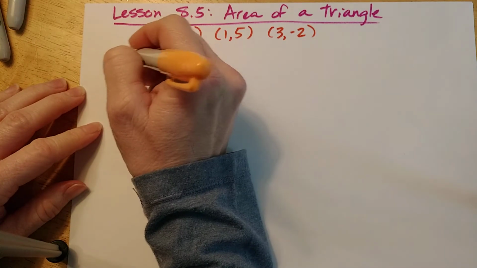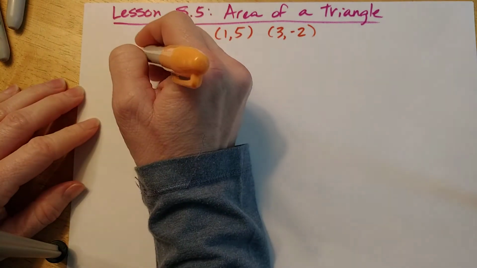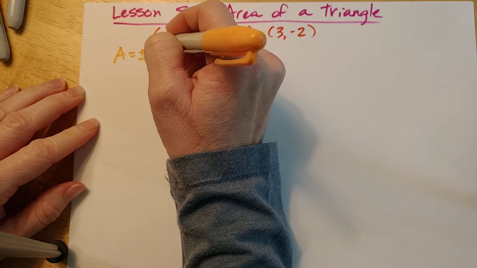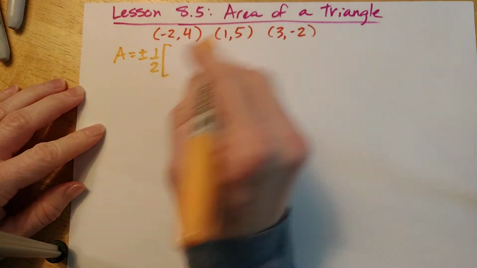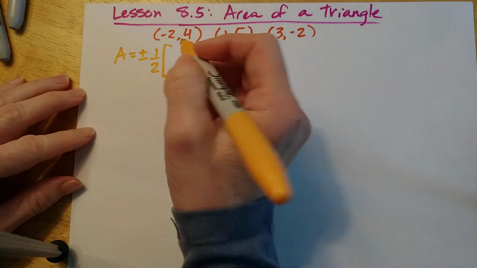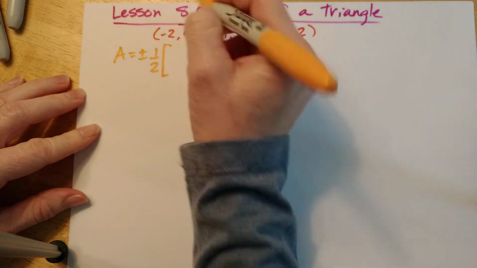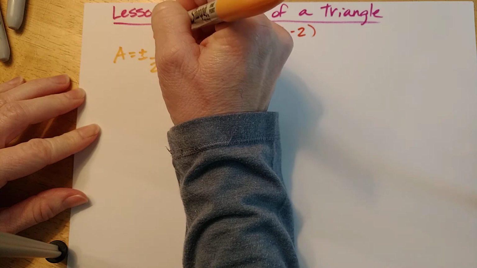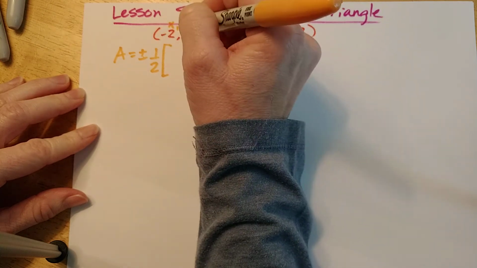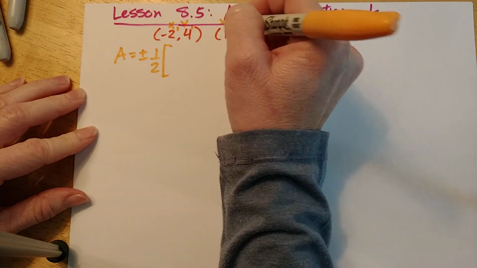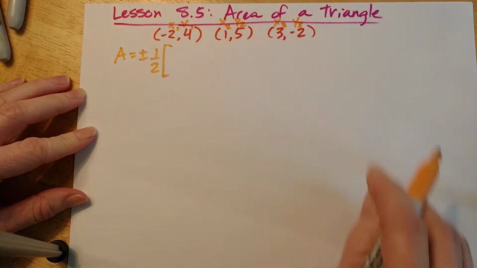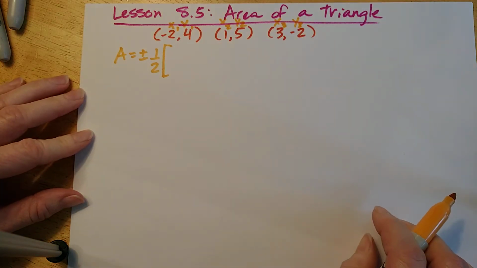The area of the triangle is plus or minus 1/2 of the determinant of these points and 1. It's kind of weird, but I'm going to spell it out for you. So I'm going to call these X1, Y1, X2, Y2, and X3, Y3.